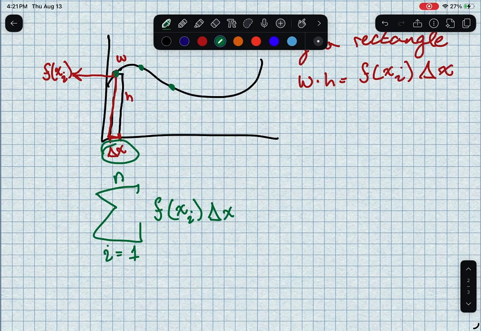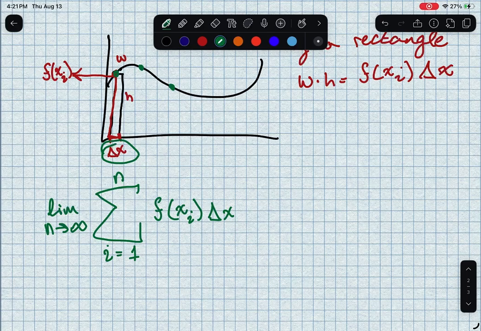So the height changes along the curve, but the width stays perfectly constant. Now when we add the limit as n approaches infinity, we are now adding up infinitely many rectangles. Now the question might naturally arise, or it might not: how on earth do you pack infinitely many rectangles into a tight, finite little interval like ab?